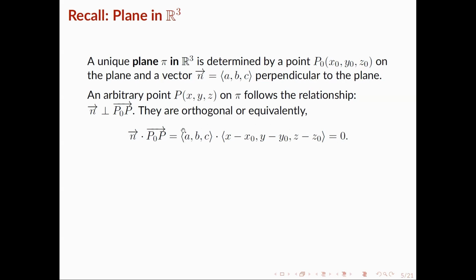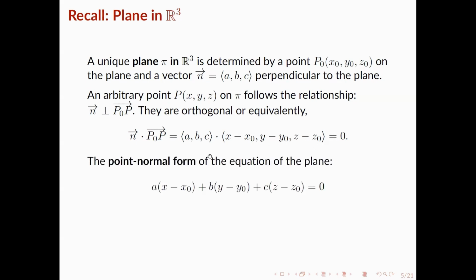That is to say that the dot product of the vector ⟨a, b, c⟩ and the vector ⟨x − x0, y − y0, z − z0⟩ is equal to 0. This is also saying that a(x − x0) + b(y − y0) + c(z − z0) = 0.